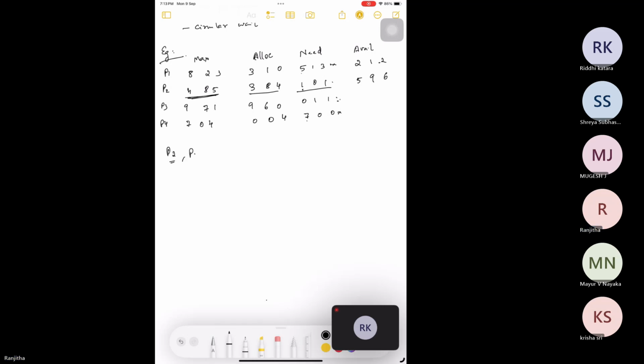So after we give P1, this will become 8, 10, and 6. Correct?